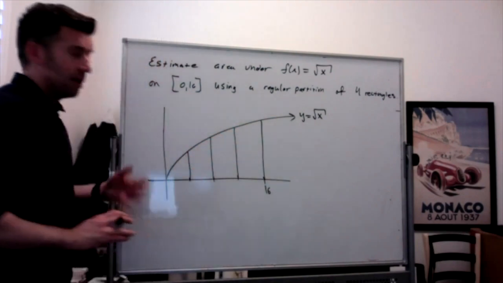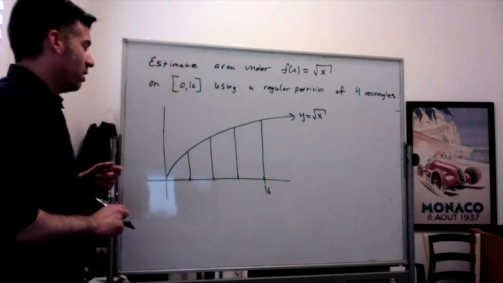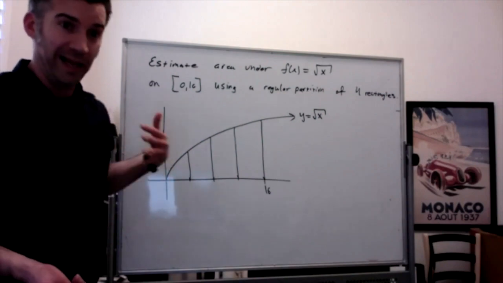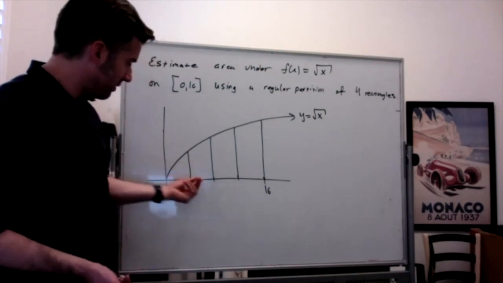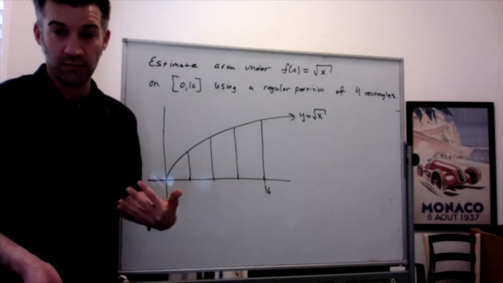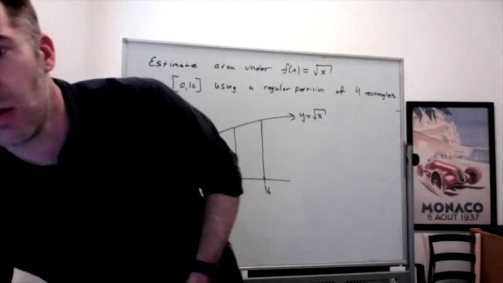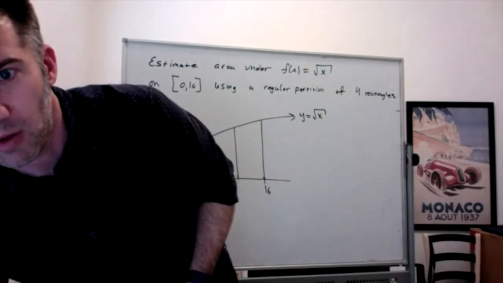Now, in this particular example, if I want to do the upper sum, I would use the right endpoints, because the right endpoint of each of these subintervals is the one that's the highest value of the function.